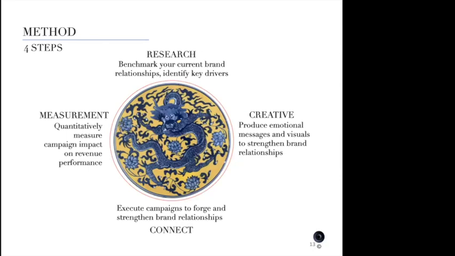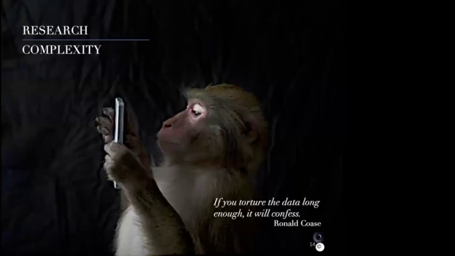So there are 4 steps in this process that I'd like to review with you. The first is research. The second is creative. The third is connect. And the fourth is measure. So we'll look at this in a little more depth. Research complexity. The relationship we have with our clients has grown exceedingly complex because the audiences have access to so much information that they didn't have before.